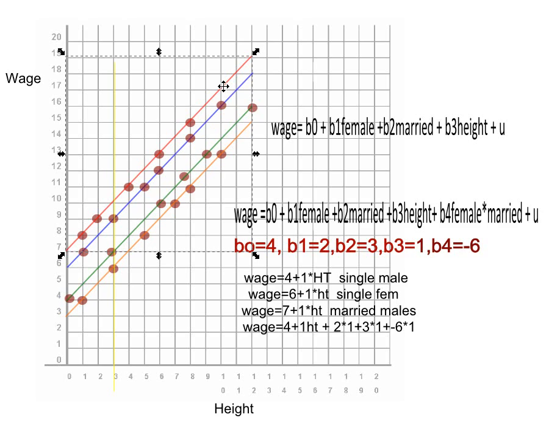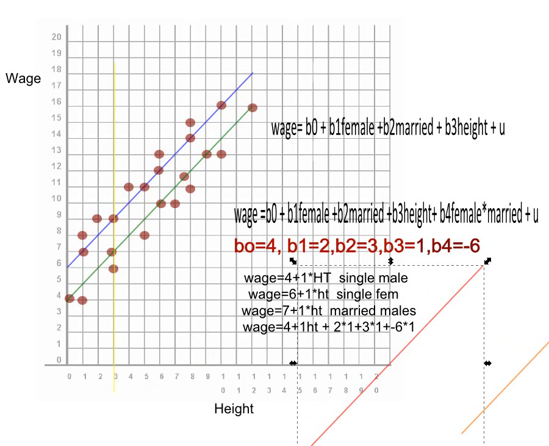And if what really happens when a male and a female gets married is that the man's income goes up but the female's income goes down, we wouldn't see that unless we had this extra coefficient. So what we would probably see is, when the regression was trying to explain what we're seeing, is that you have these single males, the green line, and you have the single females, the blue line.